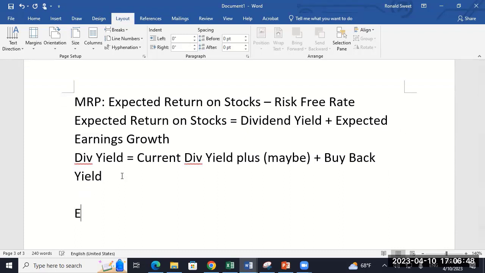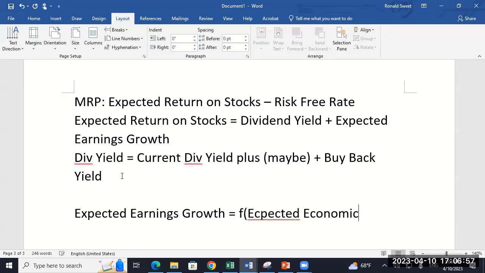And then expected earnings growth is going to be a function of expected economic growth.